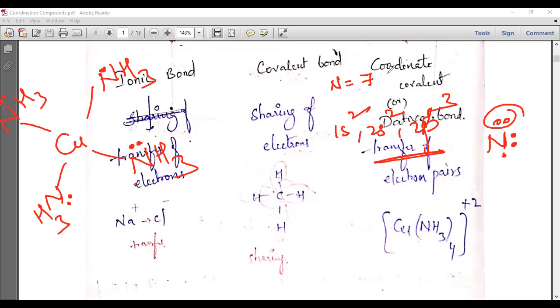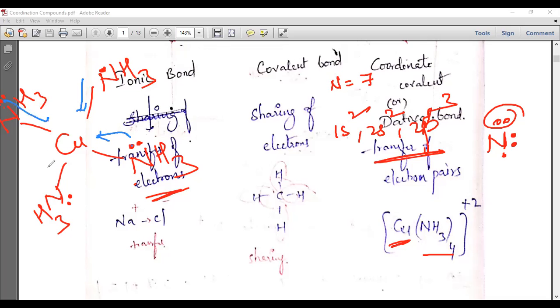Now in this particular coordination complex, a central metal, here copper, is coordinated with four ammonia ligands. Let us see this ammonia ligand. Each ammonia ligand has a lone pair. So what happens here? The ammonia ligands transfer their electron pairs to the central metal ion.